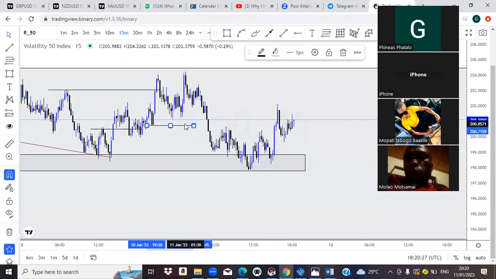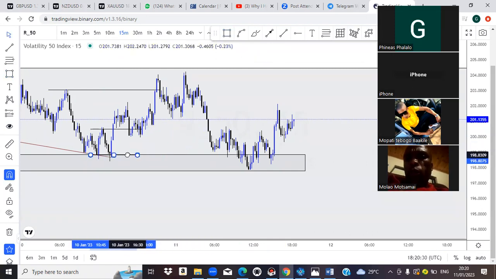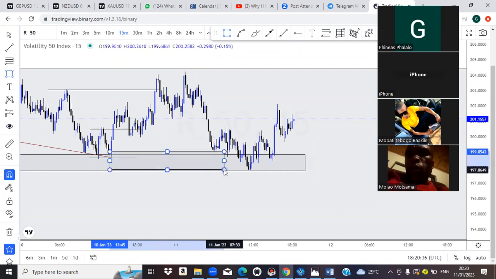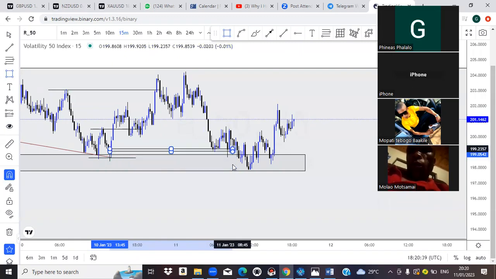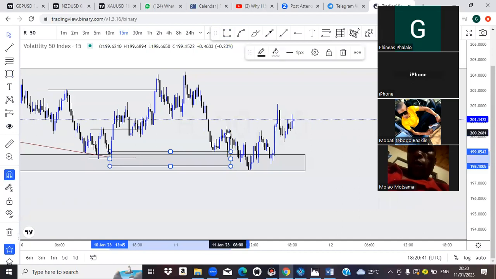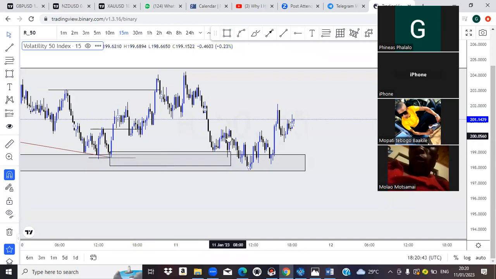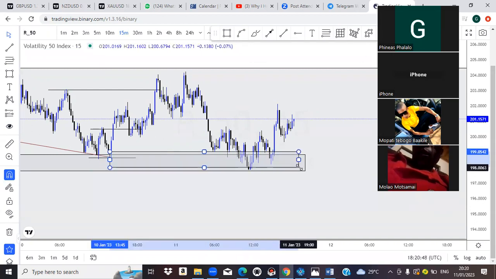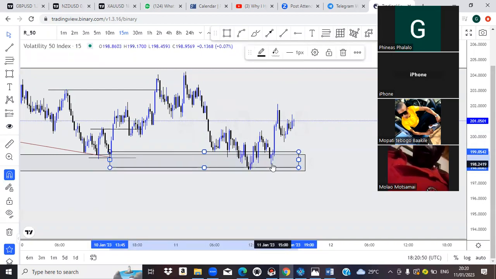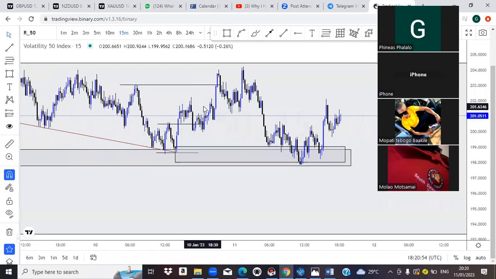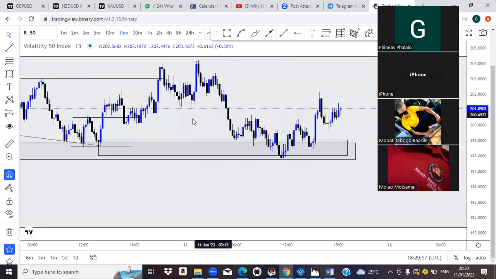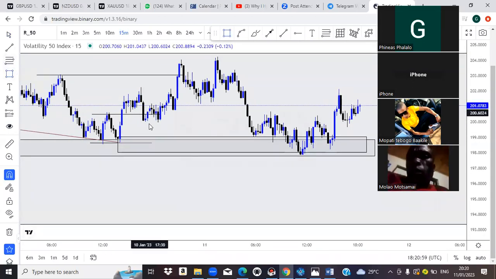After SH, we have this clean unmitigated order block. Price returns to the order block, but at the end of the day it's a violated order block. And lastly, watch out for fear of missing out.